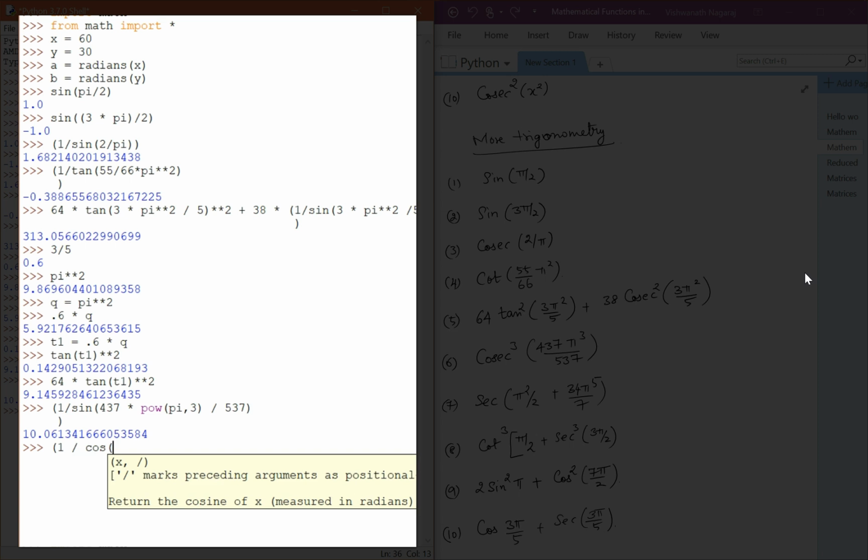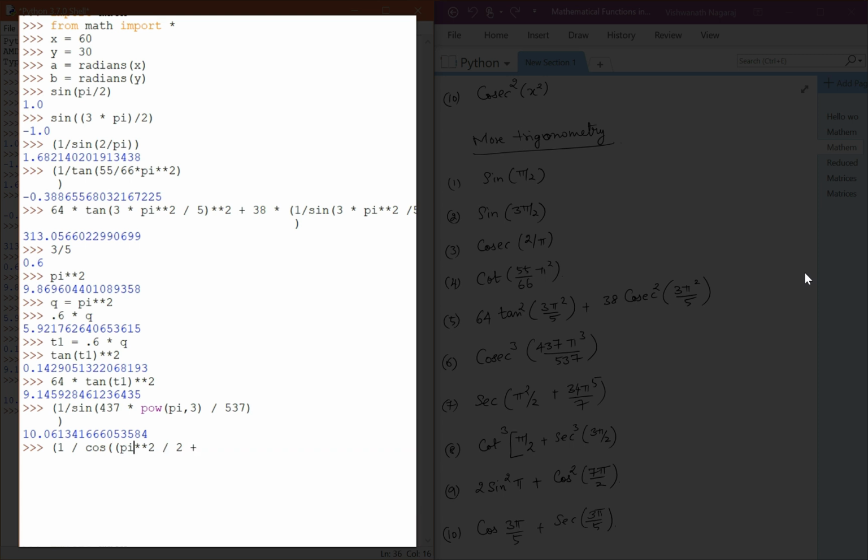1 by cos of pi square by 2, cos of pi square by 2 plus, and we should be careful. Let's put pi square by 2 in brackets, and then within brackets another bracket, 34 pi to the power of 5 by 7.